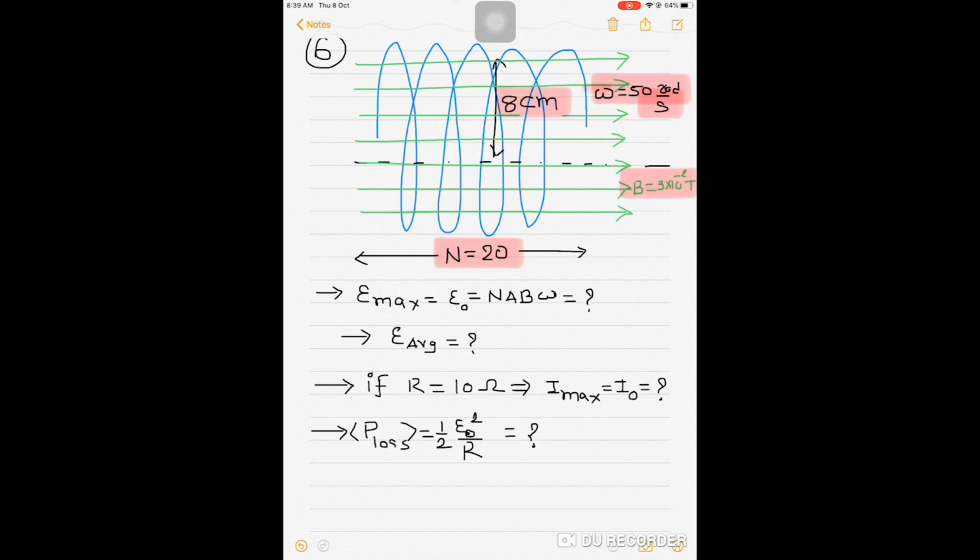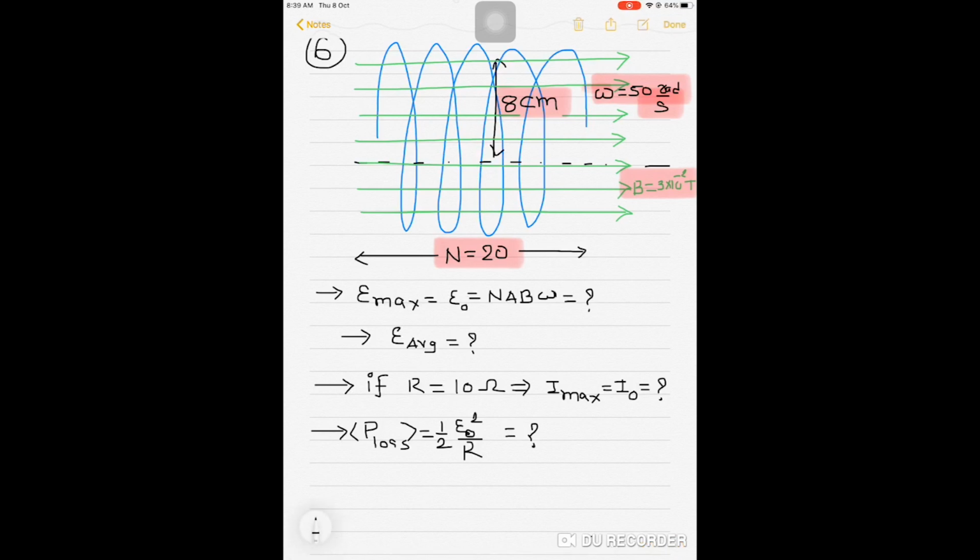Here with the blue color I have shown the coil of radius 8 centimeter and 20 turns, rotating with a speed of 50 radian per second. The uniform horizontal magnetic field is given as 3 into 10 raised to minus 2 Tesla in the given region. We have to obtain the maximum and average EMF induced in this circuit.